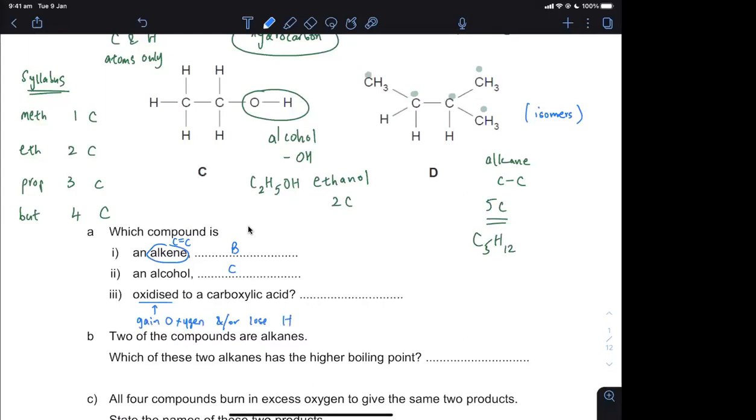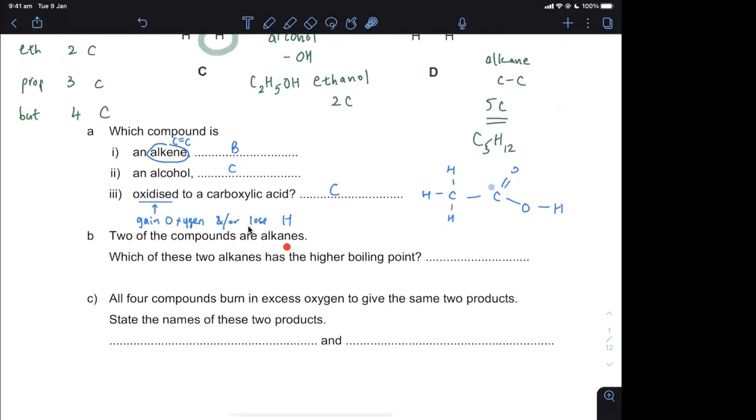So you can imagine that you lose this hydrogen and this hydrogen, and you gain oxygen, you get carboxylic acid, which is going to be like this. So the carbon still forms 4 bonds, 1, 2, 3, and 4, but this important carbon, the blue one, has lost the 2 hydrogens and gained oxygen. Everything else doesn't change. That is called oxidation. Alcohol is further oxidized to a carboxylic acid.